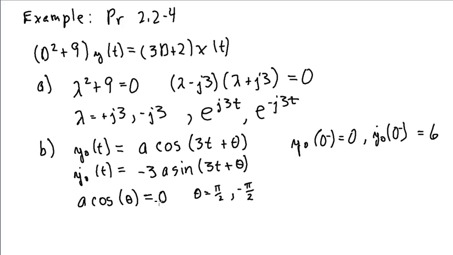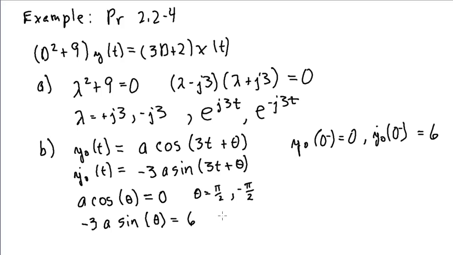And then I also need to plug in my initial condition here for the derivative. That's equal to 6. So I'd have minus 3A sine, again with t equal to 0, I get theta, and that's equal to 6.